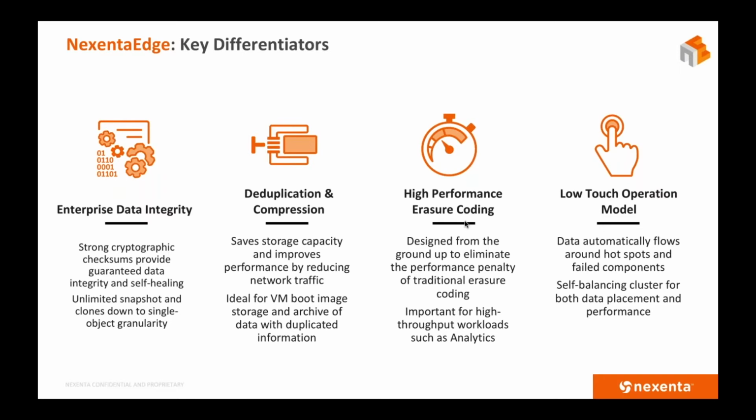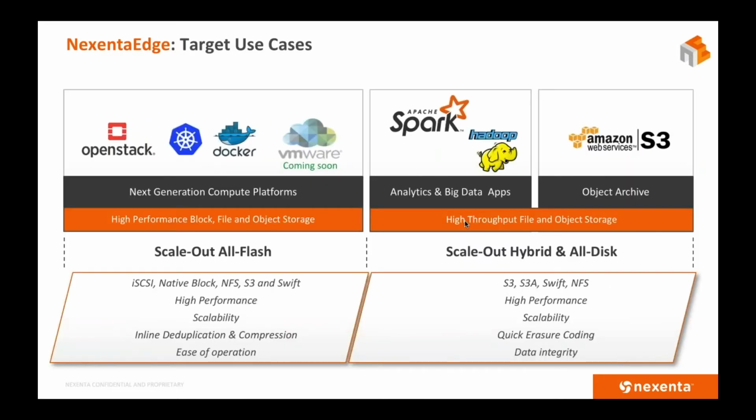Yeah. And that's a good segue going into the next slide, which kind of talks a bit about the use cases that we're targeting with this platform, right? If you look on the right-hand side, you have the traditional object archives, which really means that, hey, I want to store large amounts of data. I want to do it cost efficiently. We can do that in environments supported by all disk, right?